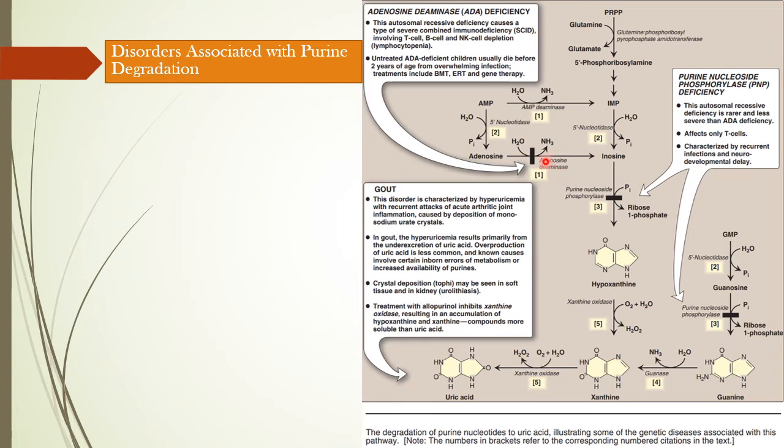So if this enzyme is deficient, then lymphocytes are mostly targeted and they may be depleted. If adenosine deaminase is deficient, then there is high accumulation of adenosine.